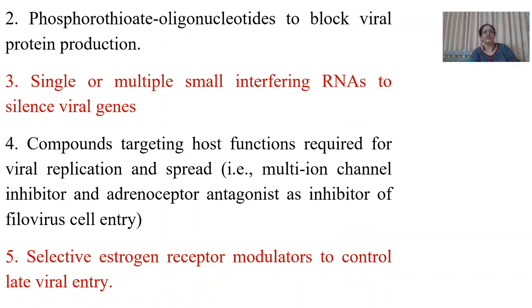Second one is phosphorothioate-oligonucleotides. These are used to block viral protein production. Third one is single or multiple small interfering RNAs that silence viral genes.